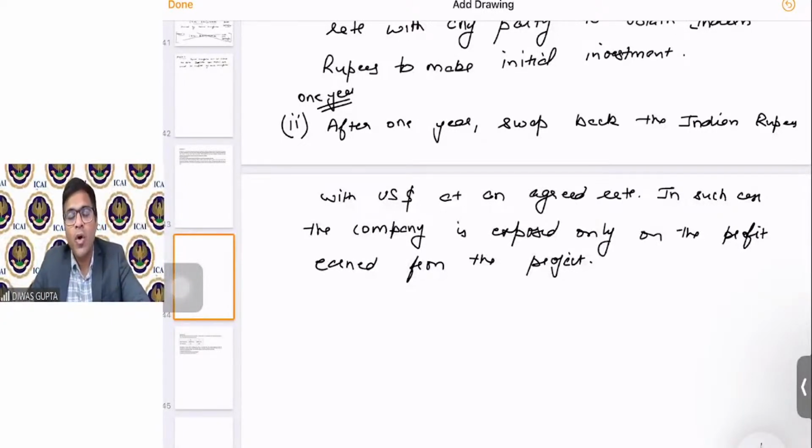Okay. So what will happen? If I today swap some amount, the same amount I will swap 1 year from now. The only thing is the balance 240 crores, which I'm earning extra, that I will have to exchange at the spot rate that would be appearing after 1 year from now, which is 54 rupees to 1 US dollar.